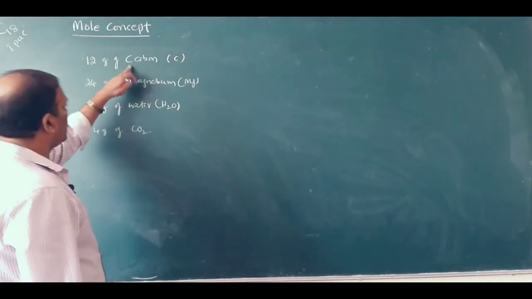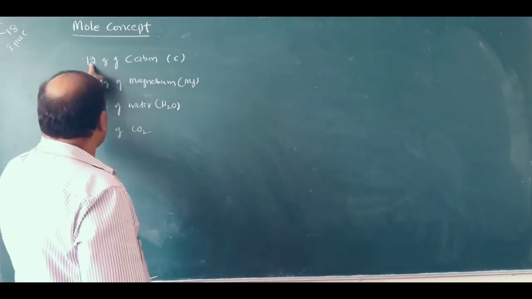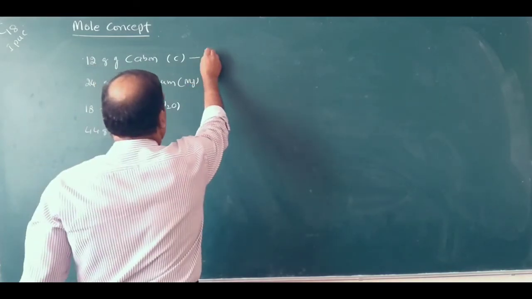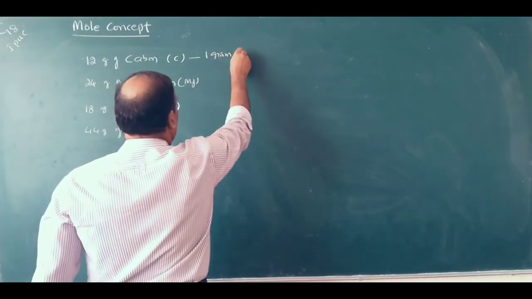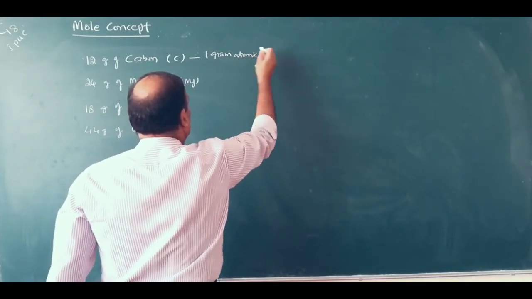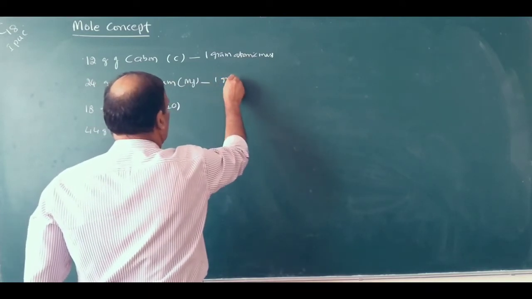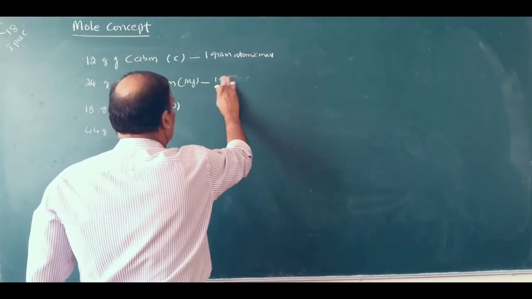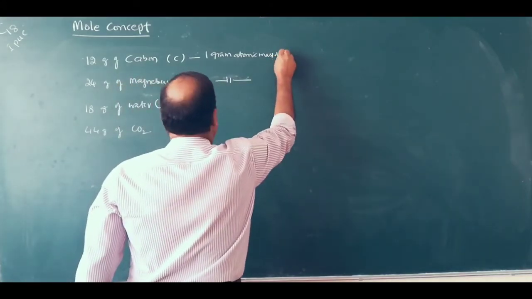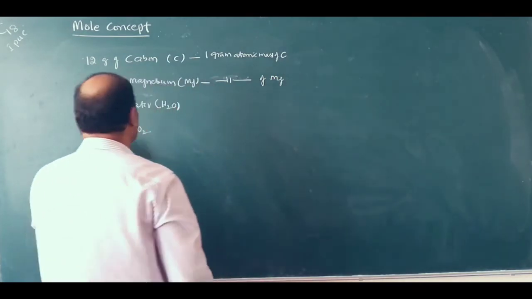What is 12 gram of carbon? Atomic mass of carbon is 12. If it is expressed in gram, it is called 1 gram atomic mass of carbon. Similarly, 1 gram atomic mass of magnesium.